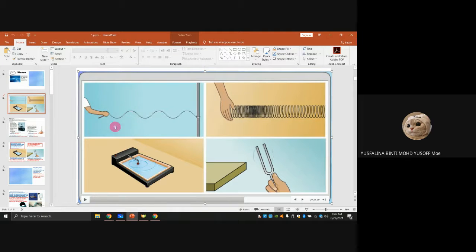This one by using a rope is also vibrating. And this one is the slinky spring also by vibrating. And for the ripple tank you have to vibrate and then it will produce the water wave here. And this one is the tuning fork, also actually vibrating. So this is sound wave and this is the water wave.